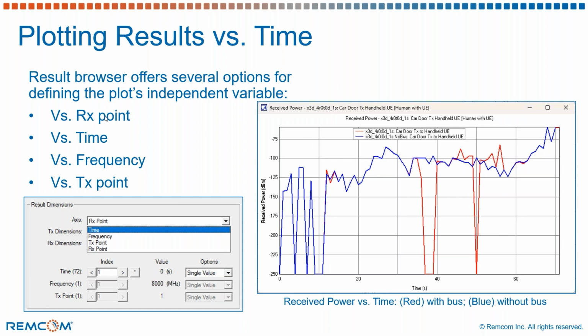The new results browser also lets you plot versus time, versus TX point, versus RX point, all depending on what your data really holds. If you have multiple frequencies, if you have multiple transmitters, you can decide how you want to view or plot your results.